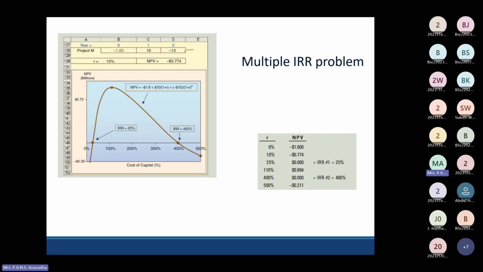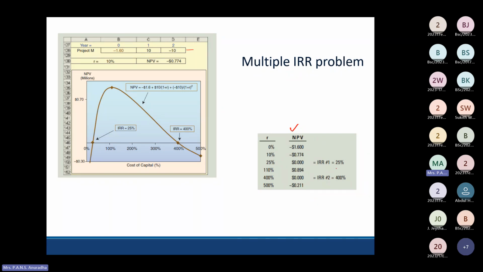So this is not a conventional project, because you can see the signs change more than once: minus, positive, minus. We call this a non-conventional project. If you draw an NPV profile for this project, you can see the NPV at different interest rates: 0, 10%, 25, 110, 400, 500. If you calculate the NPV at different interest rates, these are the numbers.